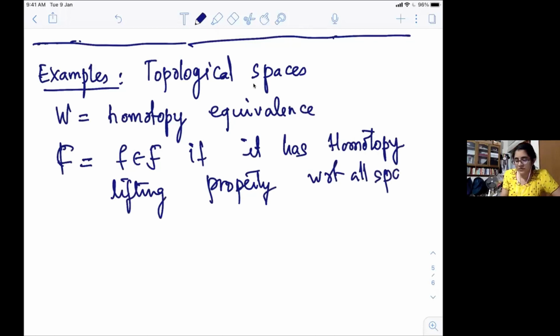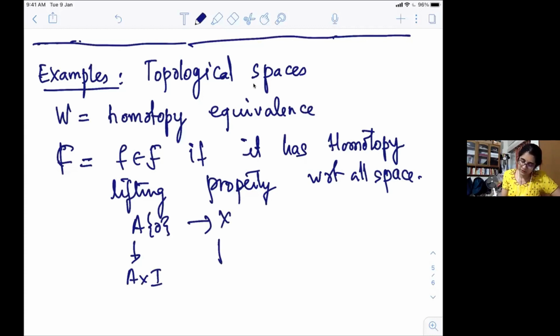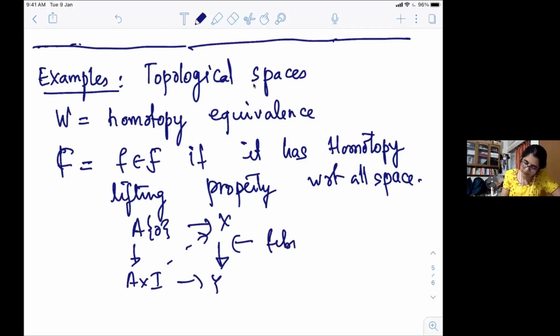This is something Samik talked about last time. These are called Hurewicz fibrations. So if I have a diagram which commutes like this, and if I had a homotopy to Y, if this lifts, then this is called a Hurewicz fibration.